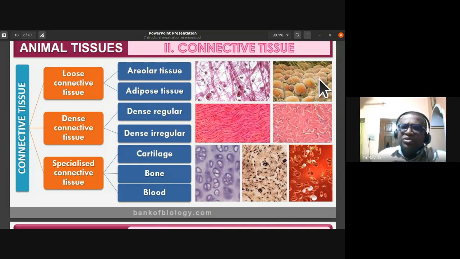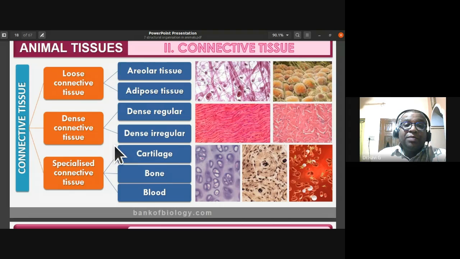Adipose tissue is a modified areolar tissue with a large number of fat globules secreted by the fat cells.